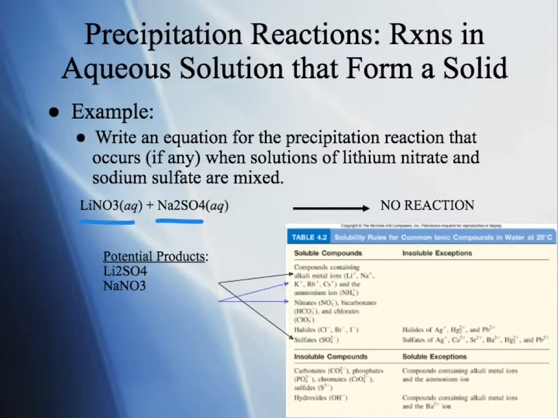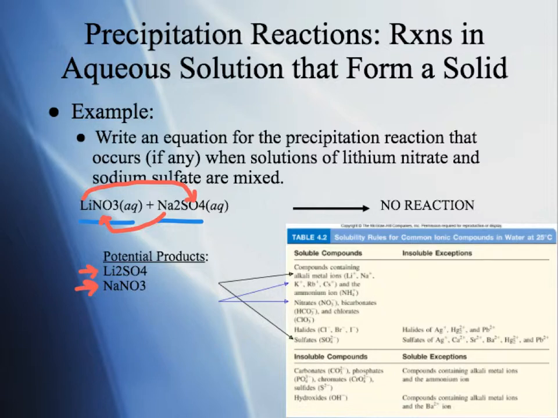Okay, so what we'll do is we recognize that, again, these are two compounds that we start with, so they're going to switch partners. Okay, lithium is going to drop the nitrate and go with the sulfate. Sodium is going to drop the sulfate, go with the nitrate. Okay, so our potential products are lithium sulfate and sodium nitrate.